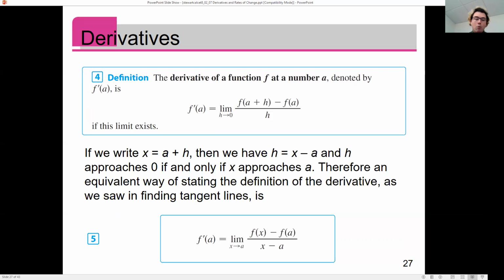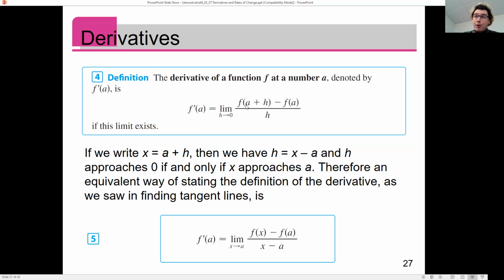So for any coordinate a, I need to tell you how to find f prime of a. I need to tell you what number the function is supposed to output. So as long as this limit of the difference quotient exists, the function f prime of a will be equal to the limit as h tends to 0 of f of a plus h minus f of a, all divided by h.